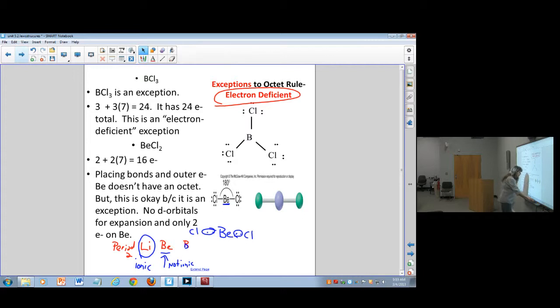And so beryllium chloride, even though beryllium is a metal, it's high in period 2, it has high electronegativity, and it ends up acting covalent. All right, so beryllium can only have 2 possible bonds.